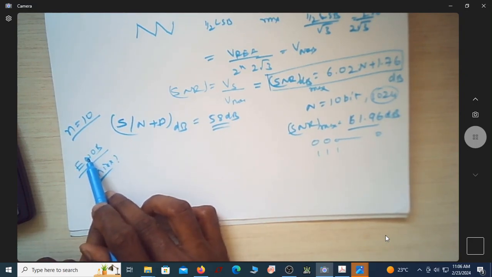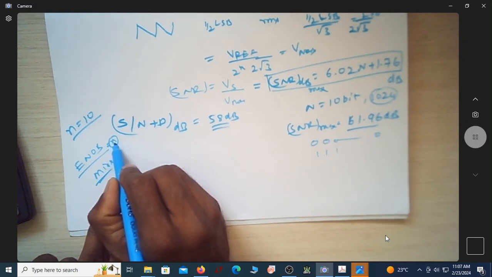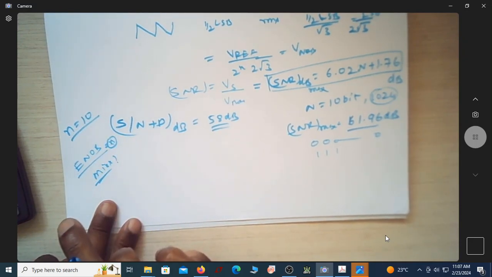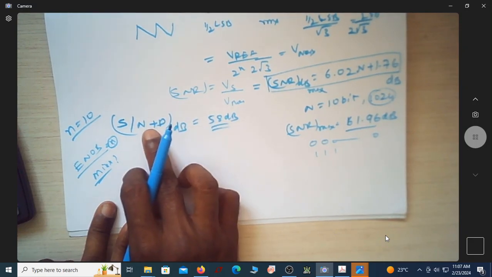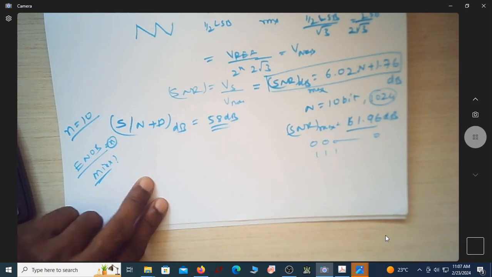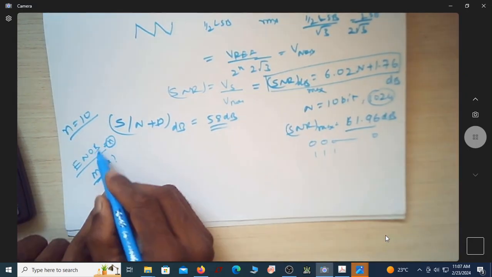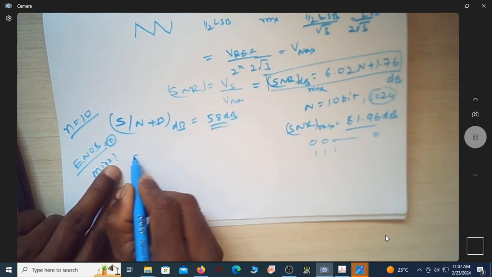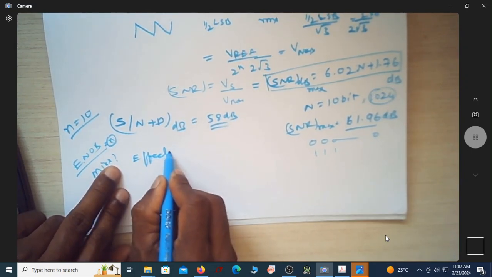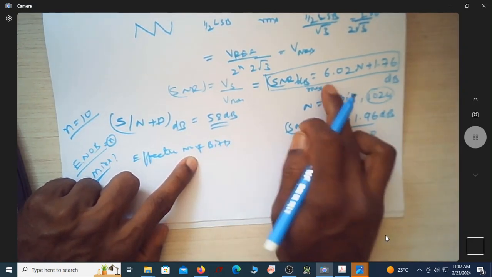So what is this ENOB? ENOB is the number of bits that will be practically possible if the signal to noise ratio is reduced from the ideal expected value of 61.96. This effective number of bits is nothing but the n value.